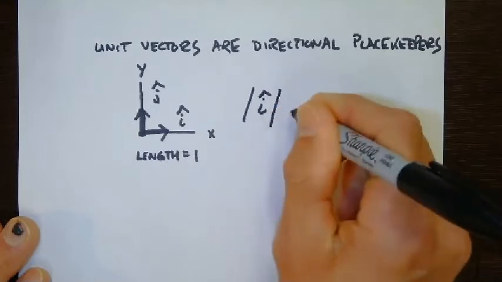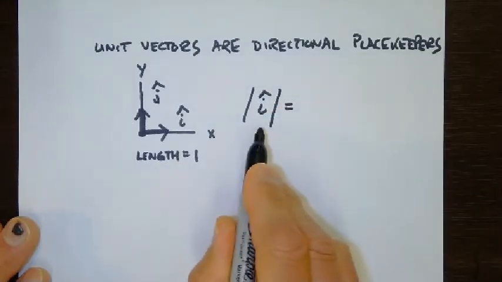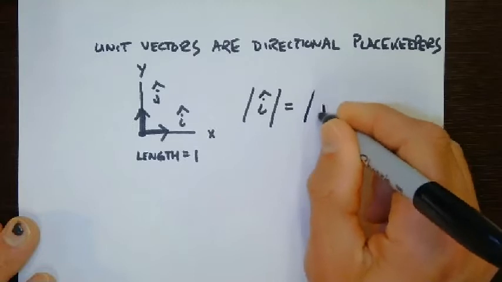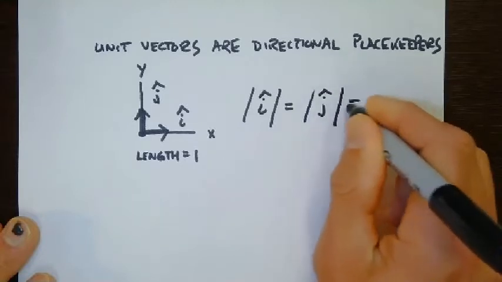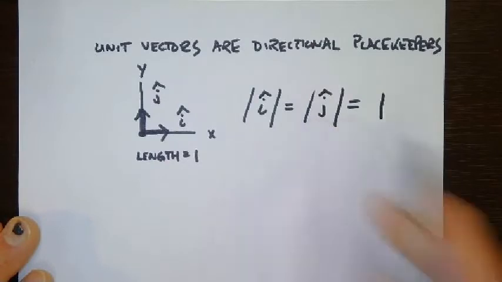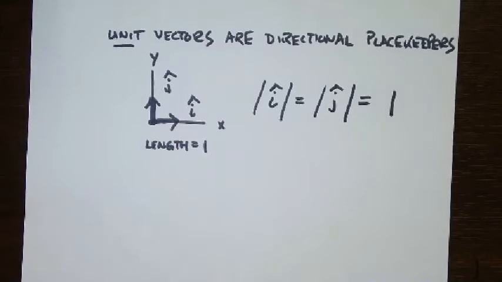So again, the magnitude of the I hat vector, if I put these absolute value bars on it, is equal to 1. And so is the magnitude of the j hat vector. So this is why they are called unit vectors, because unit means 1.